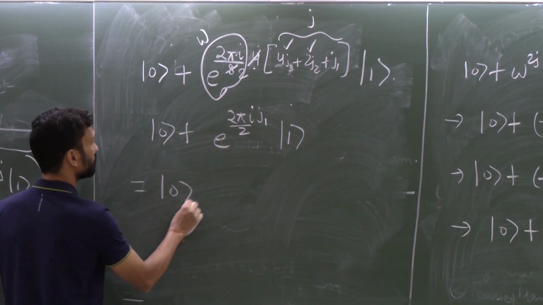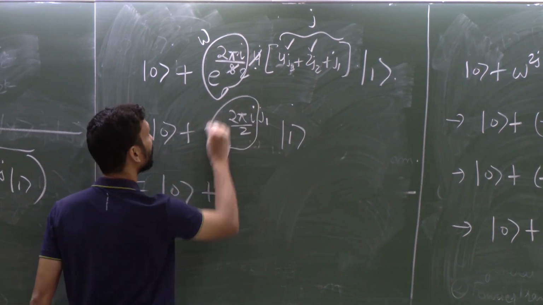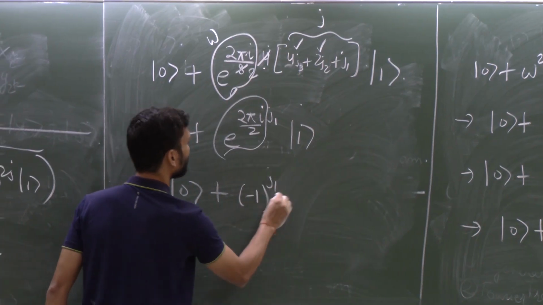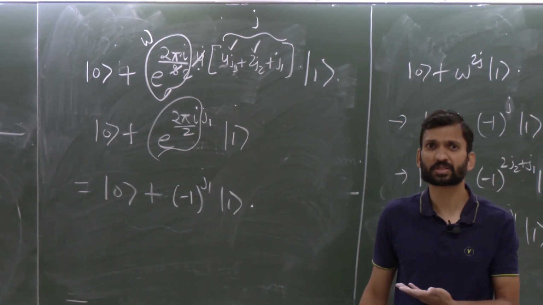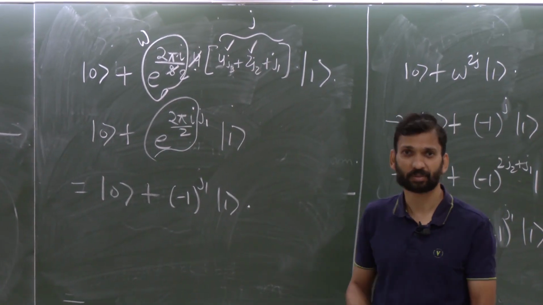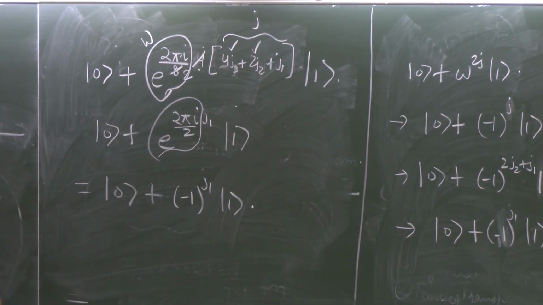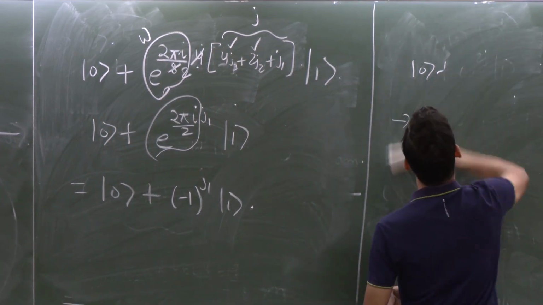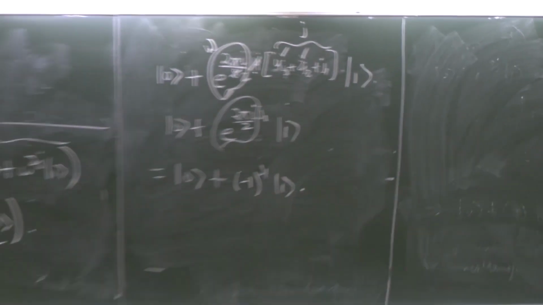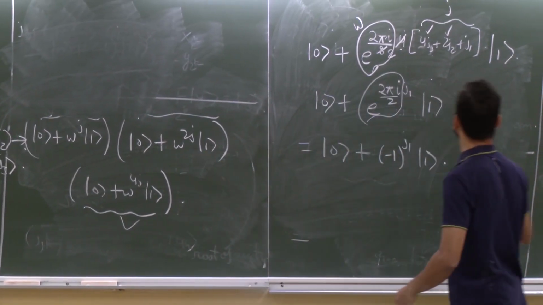This is 0 plus, this is just Hadamard, right? So now this is done. Do you want to do similar calculation here?